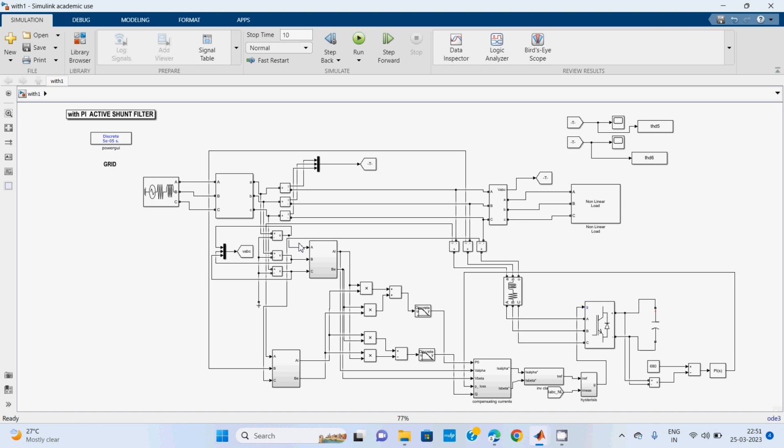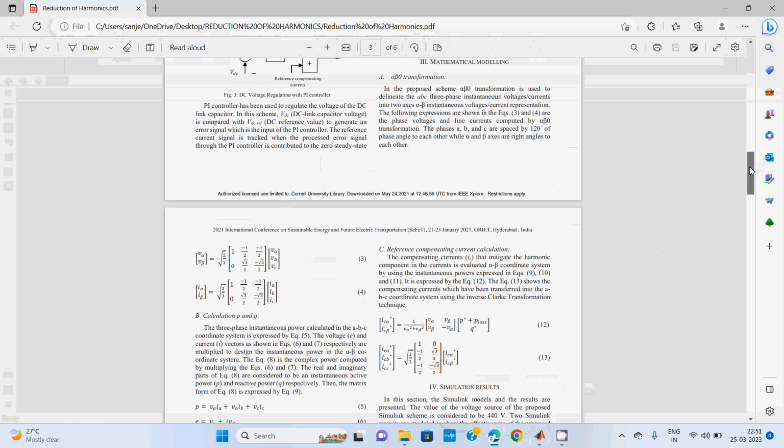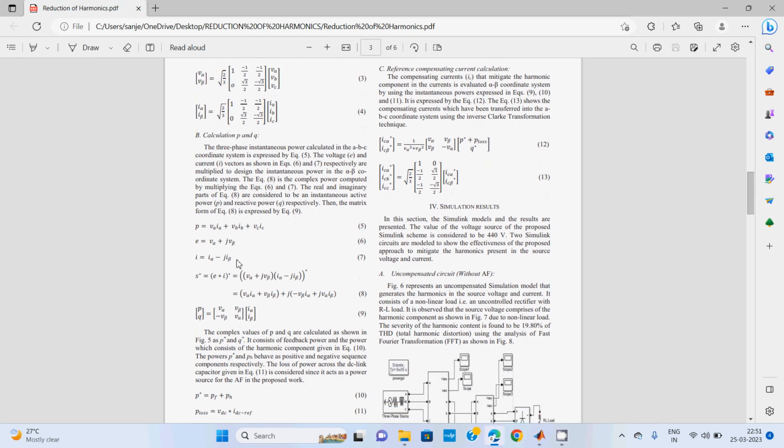So in order to control the current, initially we convert the three-phase ABC quantities to alpha beta terms of voltages and currents, and then we need to find the active power and reactive power. These are the formulas to calculate active and reactive power. They are used in different control strategies. You can refer to them anywhere; just search on the internet and you can find them.